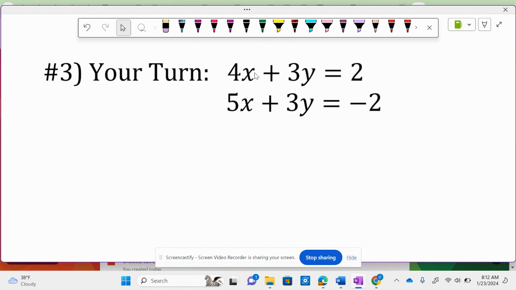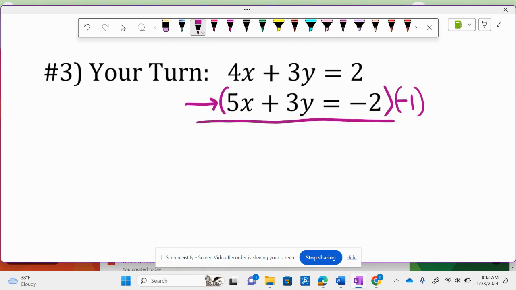So we're going to take this equation right here, and we're going to multiply it by negative 1. So I'm going to put times negative 1, and I'm going to rewrite the whole thing. And there's a reason behind that, because eventually you're going to have to multiply both equations. So we're not changing this equation at all, so I'm just going to rewrite it. 4x plus 3y equals 2.